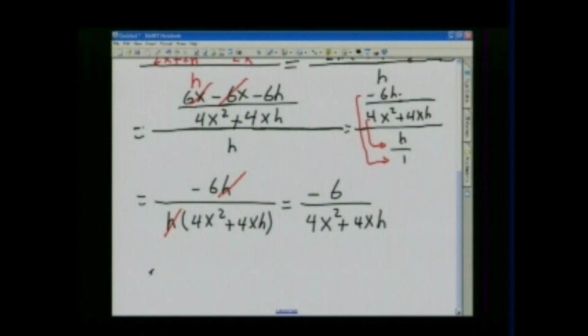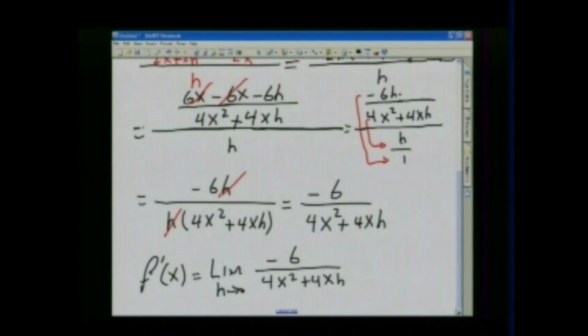To find f prime of x, which again is the slope of a tangent line, I have to find the limit of minus 6 divided by 4x squared plus 4x times h, and drive h to 0. As you notice, the only place I have h is right here. So as h is driven to 0, this term is the only term which is affected.